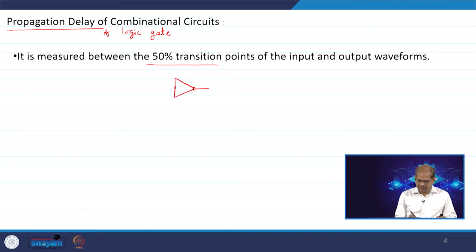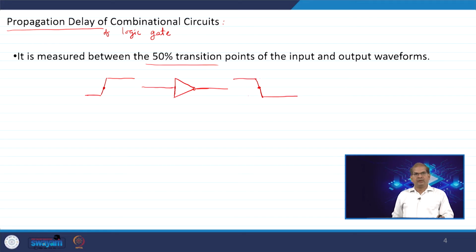If I give a pulse here, we consider the 50% point of the input to the 50% point of the output. That is called your propagation delay.